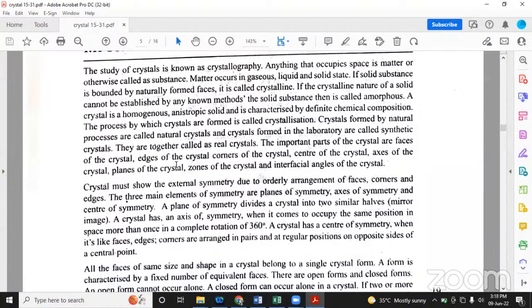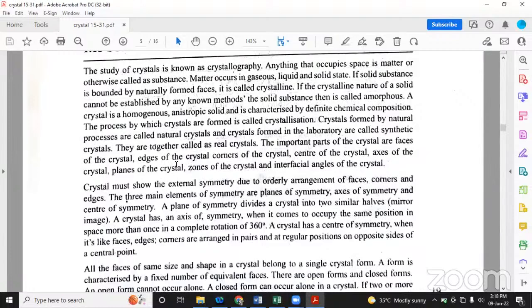In each and every system, the class which shows the highest degree of symmetry is known as the holohedral or normal class.